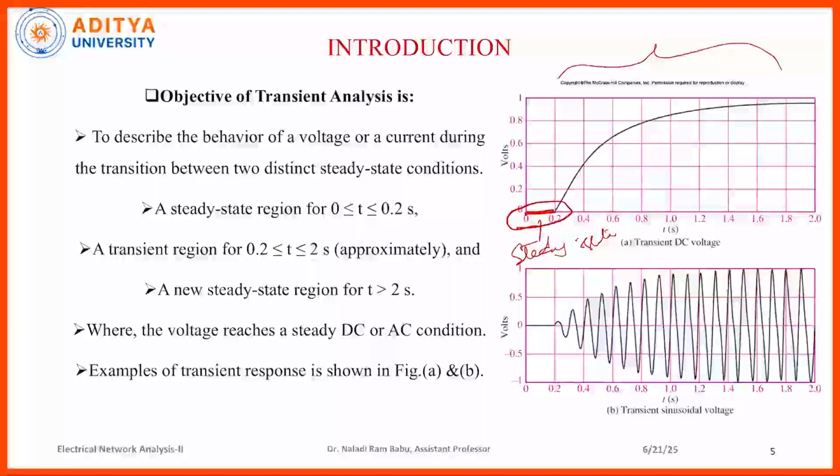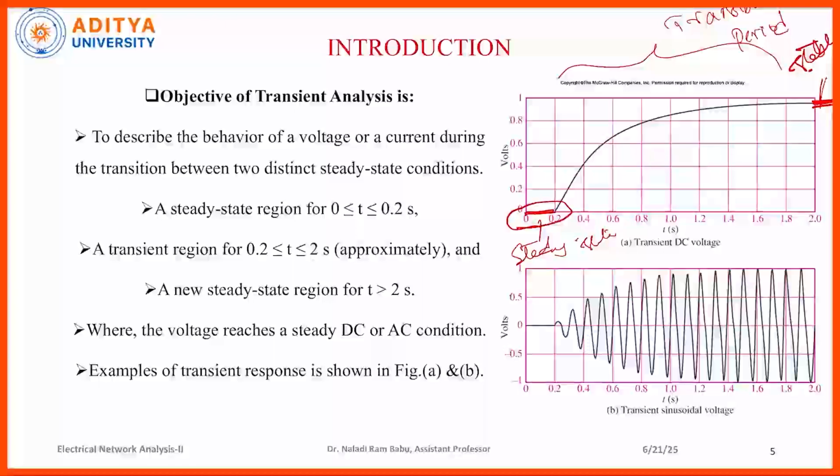That means an abrupt change in voltage has taken place. This period is known as the transient period. After the transient period, again the system will be in a stable condition. That means we are forcing our system to be in a stable condition. This is also called the stable or steady state condition.